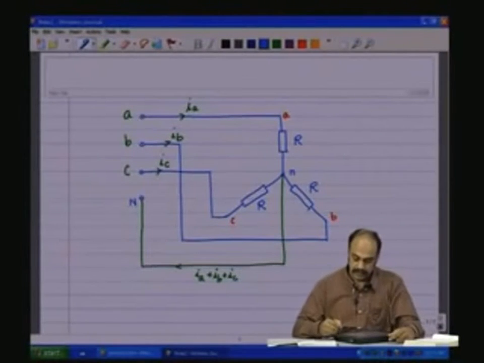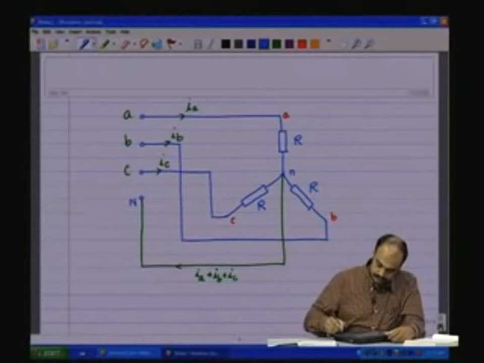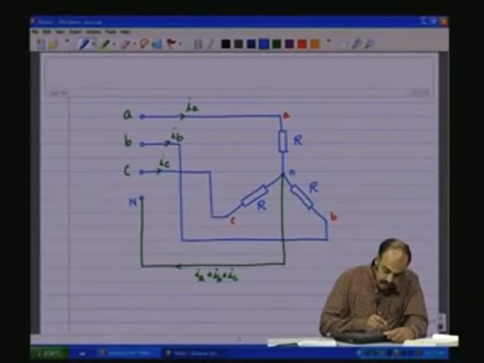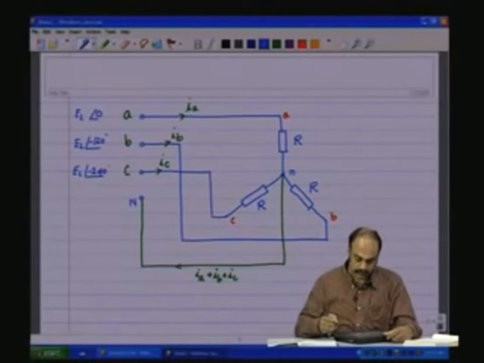I am not talking of the effective values, the instantaneous value is as given here, because here you are giving a voltage which is, let us say, the reference, that is, angle 0, that is E angle 0, E angle minus 120 degrees, E angle minus 240 degrees. So, this is how you are giving.